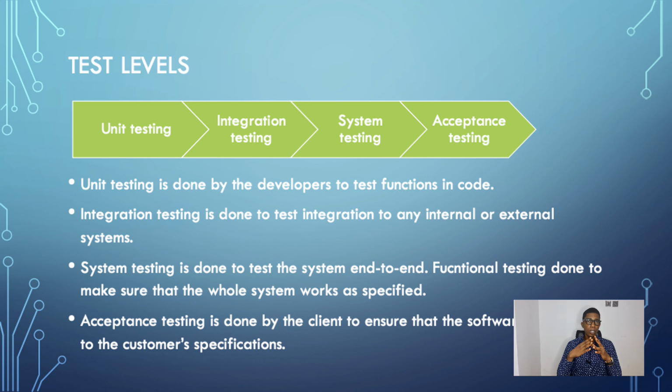So that is the final level of testing, the user acceptance test. Once the system passes the user acceptance test, it can be deemed ready to go into production, ready to go live, ready to be deployed into the world.